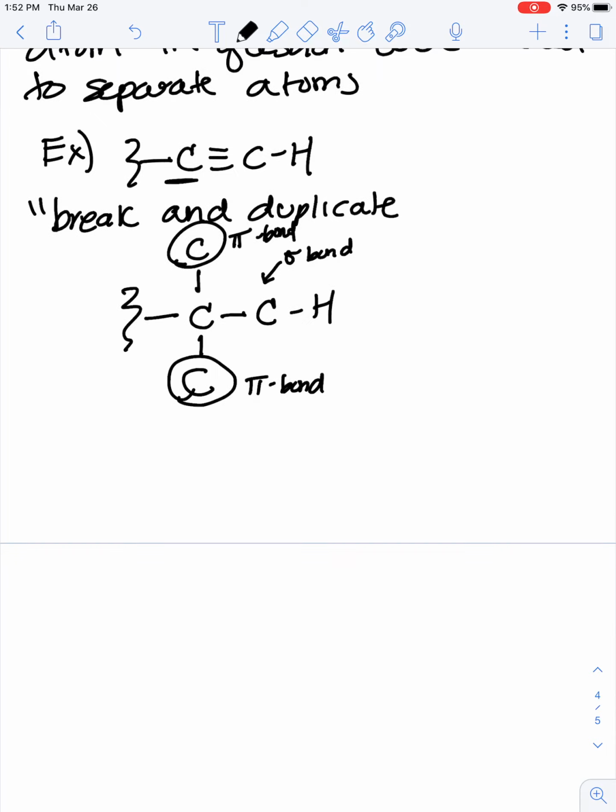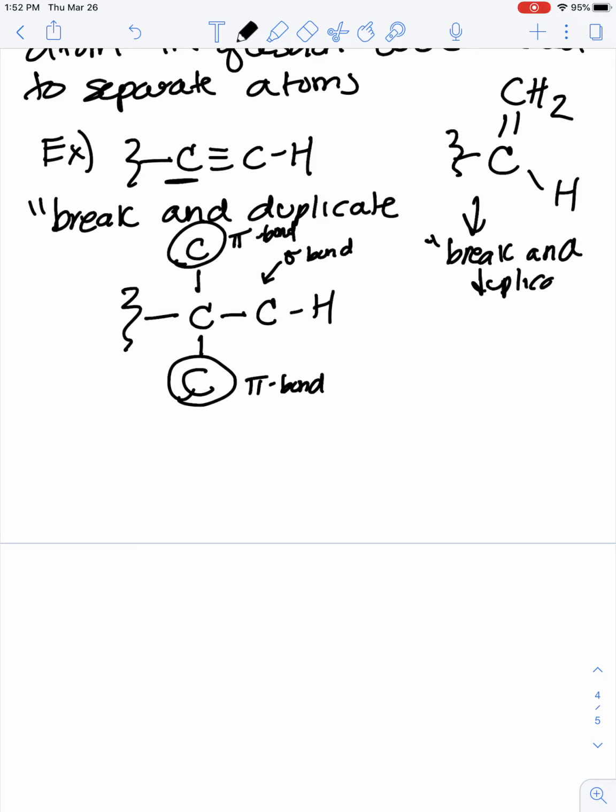So if we look at this versus something like this, we have this chain here, then we have something that looks like this. Same idea here, we're going to break the pi bonds and duplicate. So we're going to have that chain and then a carbon. We have this carbon coming from the sigma bond, and then we're thinking that we're breaking that pi bond, which is this carbon that's circled.